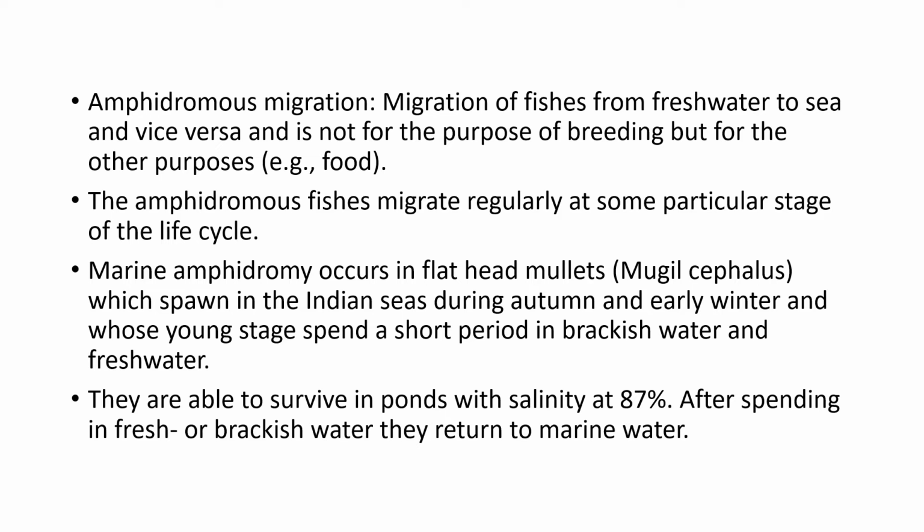After spending in fresh or brackish water, they return to the marine water. So they spawn in Indian seas, and their young ones generally migrate towards fresh water or brackish water. And once they are mature, they go back to the marine water.